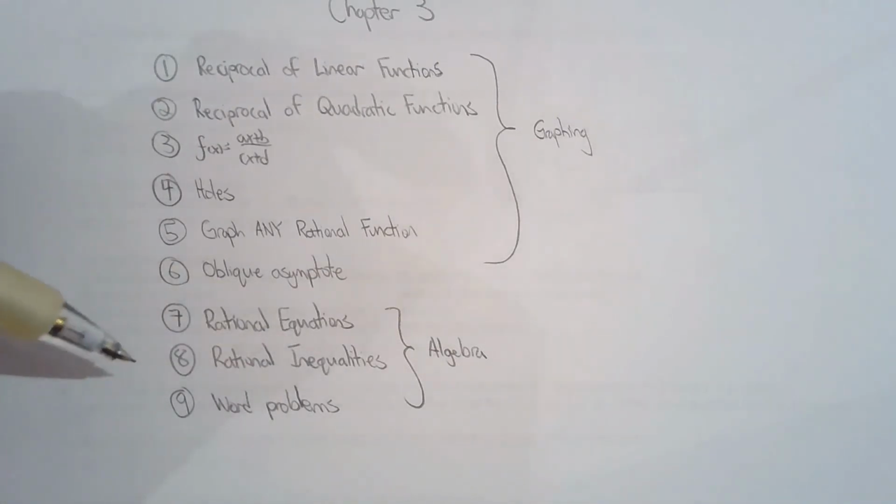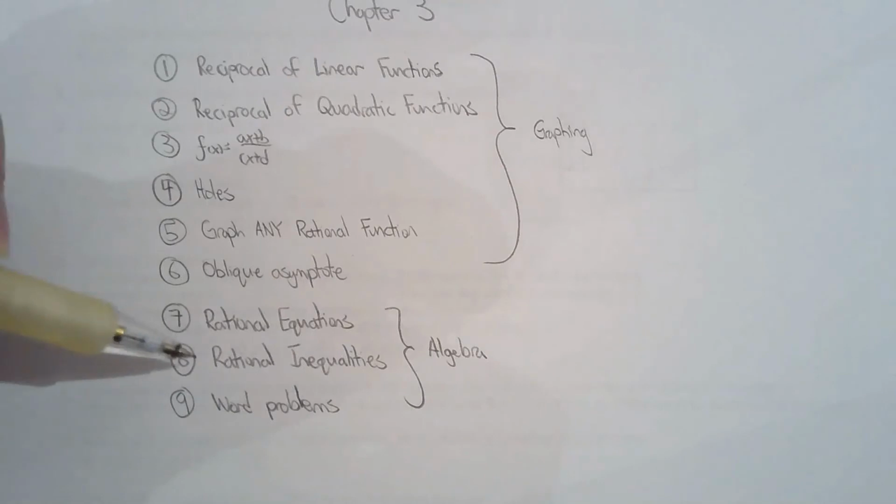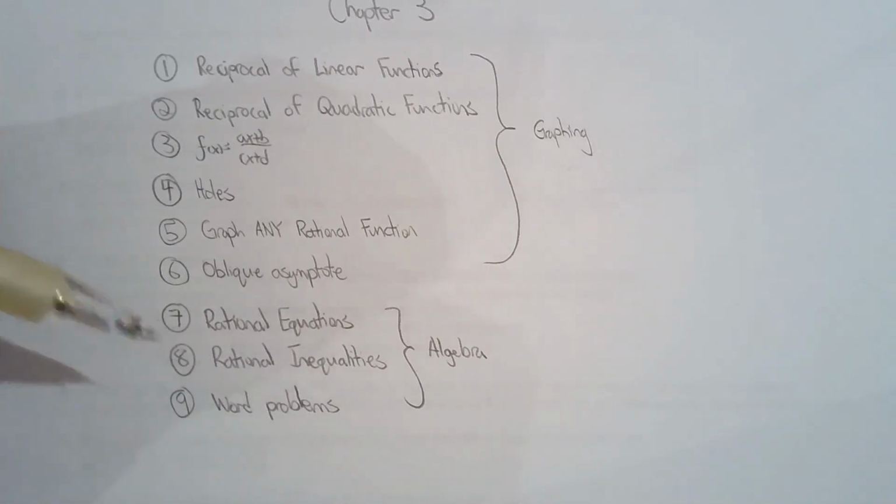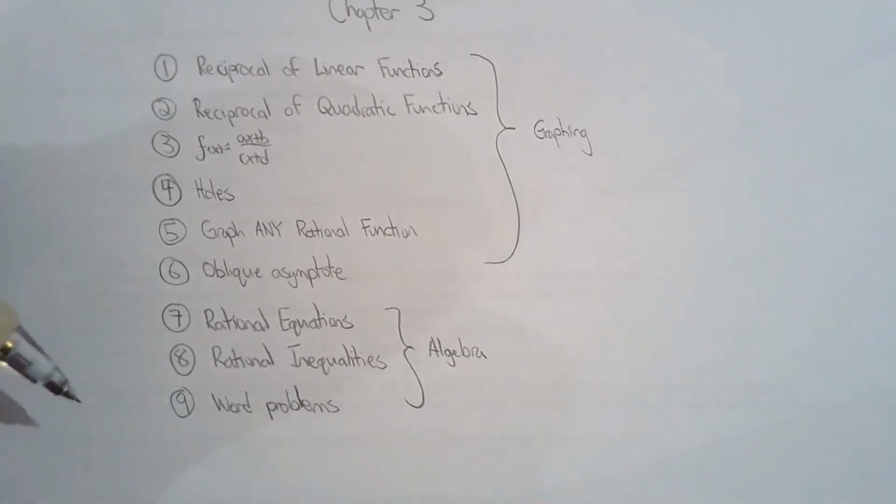There's a lot of similarities between the order of the zeros when you did polynomial inequalities with the rational inequalities. And in fact, I even showed you that you can convert every single rational inequality into a polynomial inequality. Okay, so you can go back to the lesson and check it out if you want.